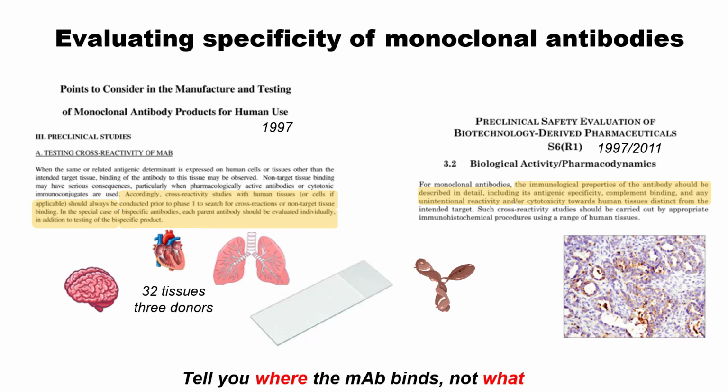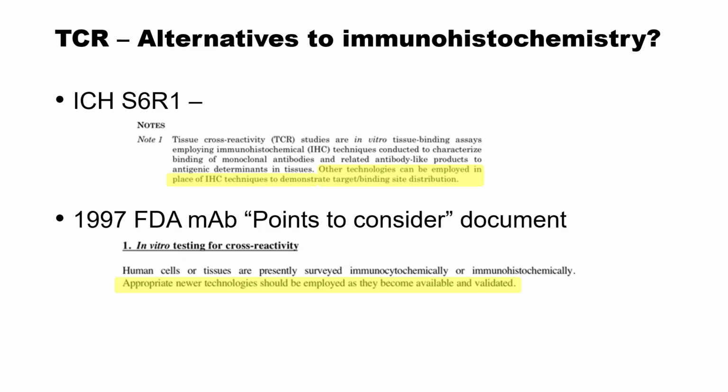This will tell you where your antibody binds, but it won't tell you what your antibody binds. Interestingly, in both of these documents, they open the door for sponsors to utilize other techniques than immunohistochemistry against tissues as they become available and validated.